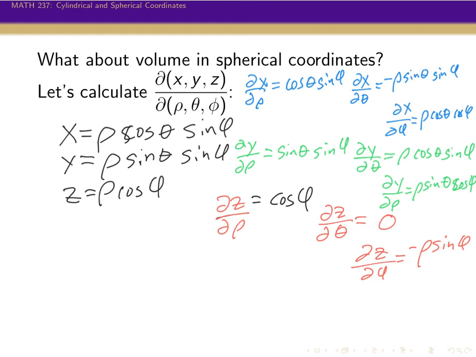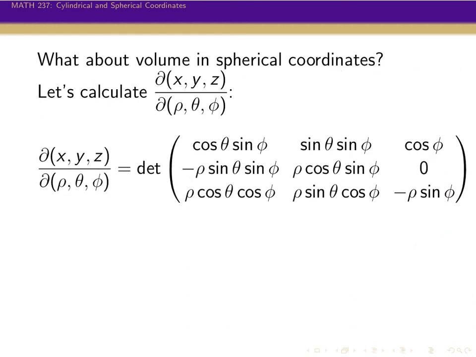So now that we have all of our partial derivatives, we can pile this into the matrix and take the determinant. So, there it is.